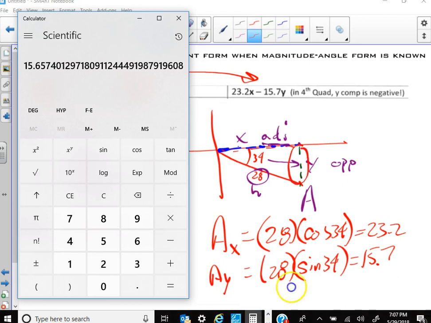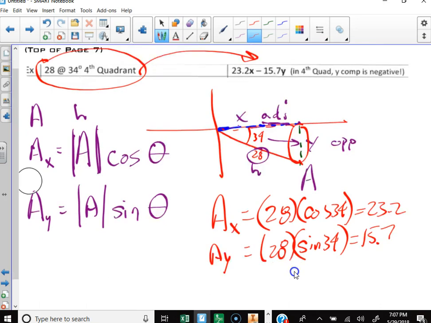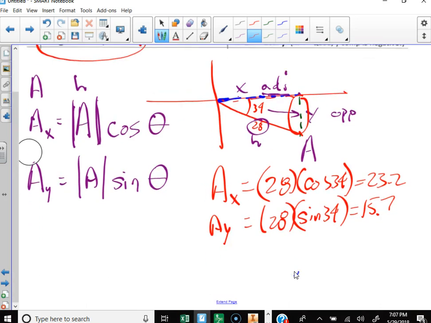Now, the only thing that's left is we need to know where we are. And this is easy to make a mistake on, but we want to be very careful here. One of these is negative, and one's positive in this case. Because we're in the fourth quadrant, we really have this.